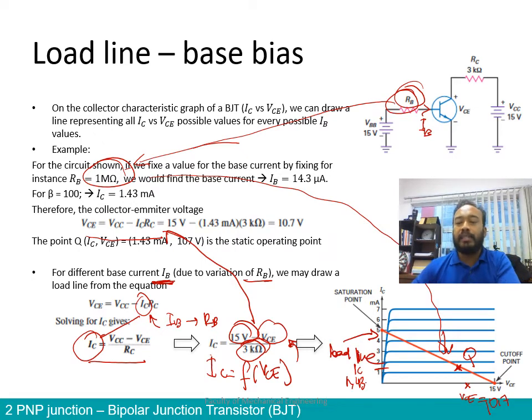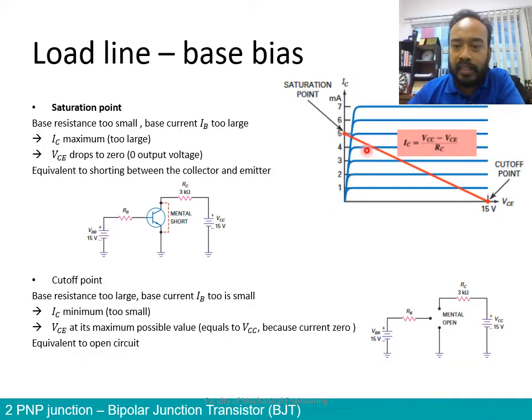So what this line represents is basically as VCE changes, so how does VCE change? As VCE changes due to the change of IC, which is due to the change of IB and RB, the position of the operating point of a transistor can move along this line. So this is the line that we mentioned just now with the equation of IC equals VCC minus VCE over RC.